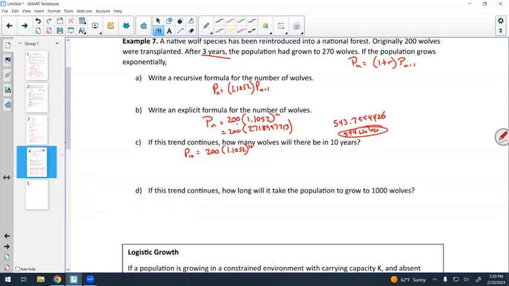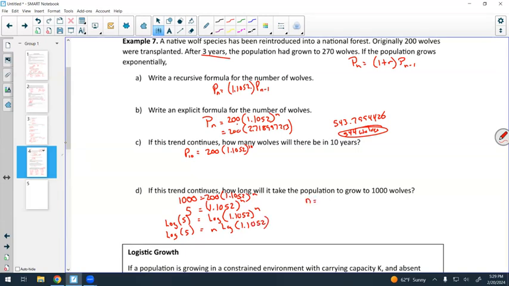Okay, now if this trend continues, how long will it take to have 1,000 wolves? So we would have 1,000 equals 200 times 1.1052 to the n. Dividing by 200, I have 5 equals 1.1052 to the n. Taking the log of both sides, bringing down the n: log of 5 equals n times the log of 1.1052.